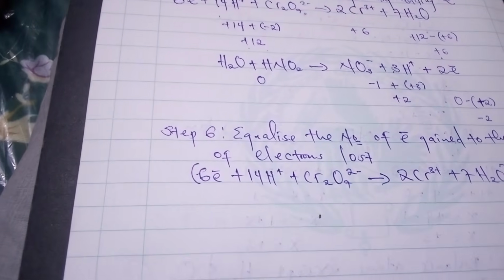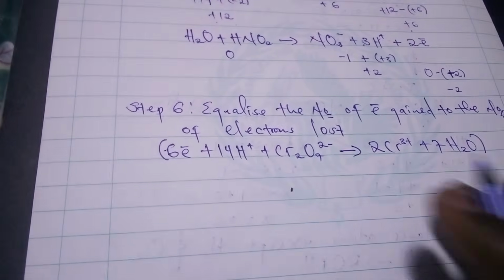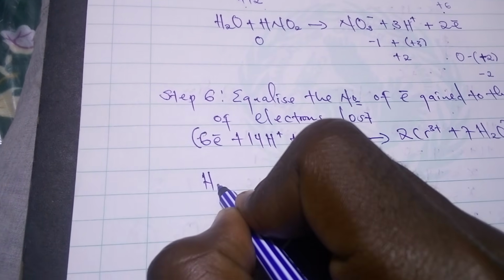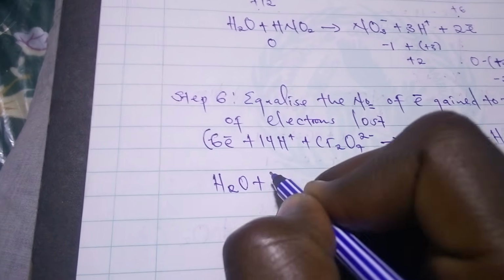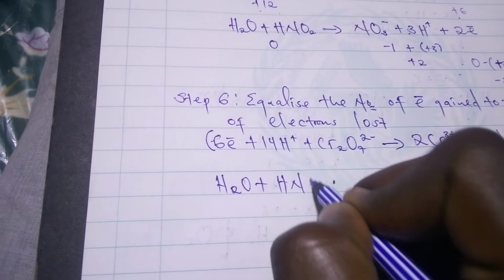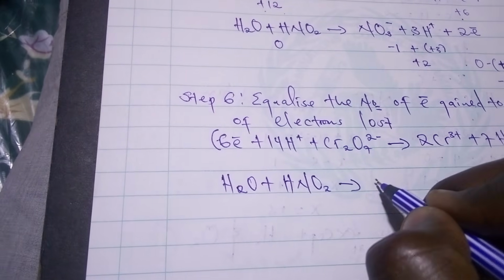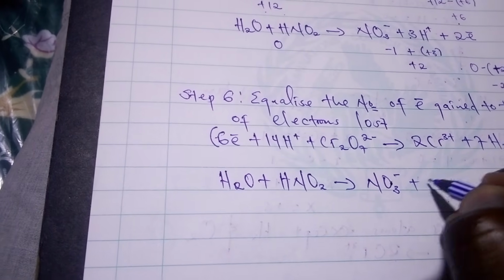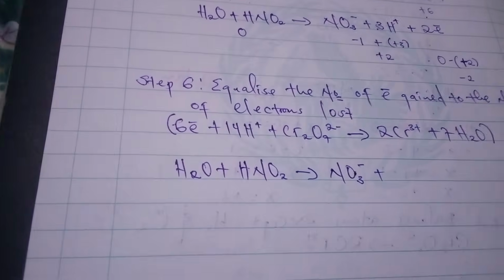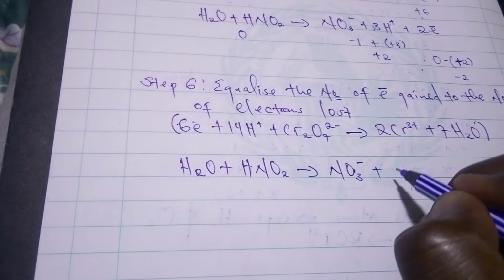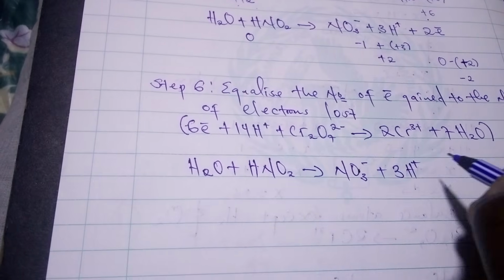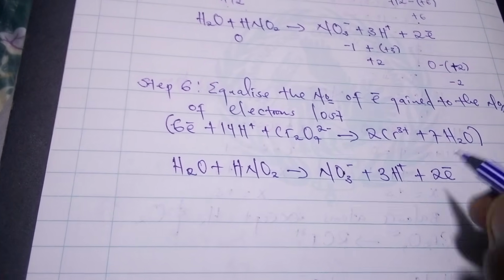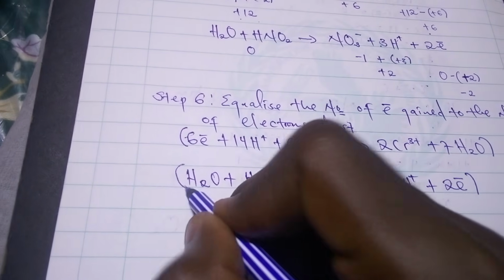Just put them in brackets, and then you also write the second one: H2O plus HNO2 producing NO3- plus 3 H+ ions plus 2 electrons. So you put them in brackets.